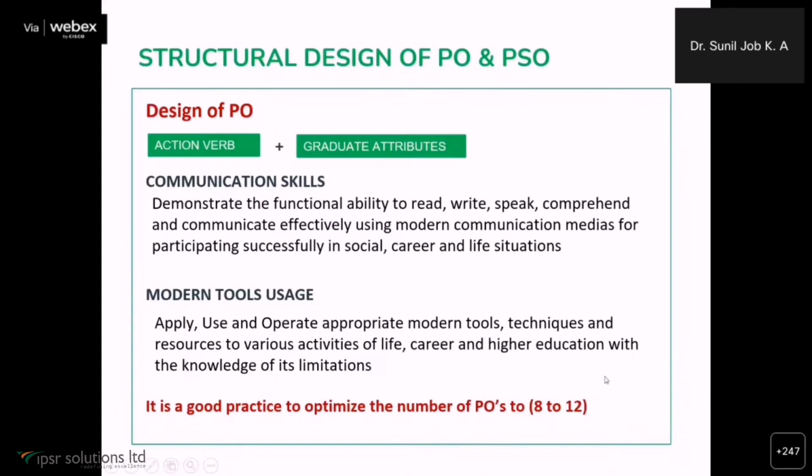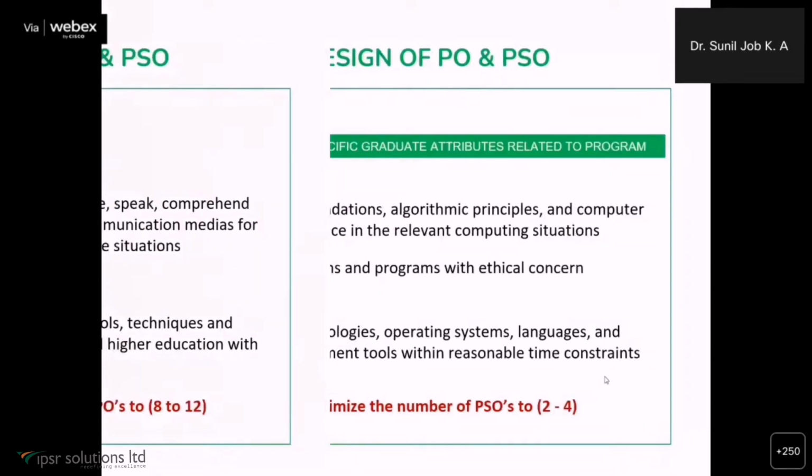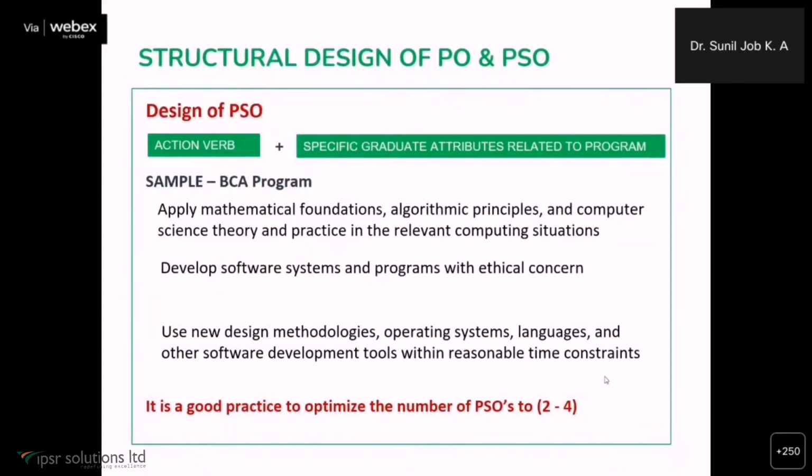So don't go and write about 40 to 50 POs or PSOs. That is not appropriate. What will be the optimum number? It is always better to take a concentration of that. So 8 to 12 will be an ideal number.